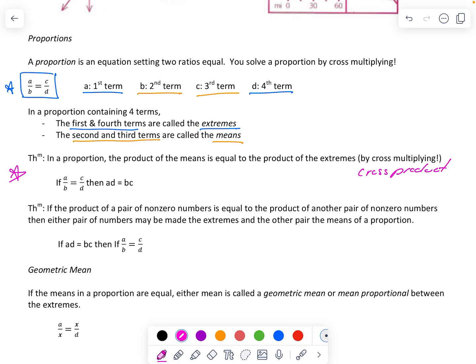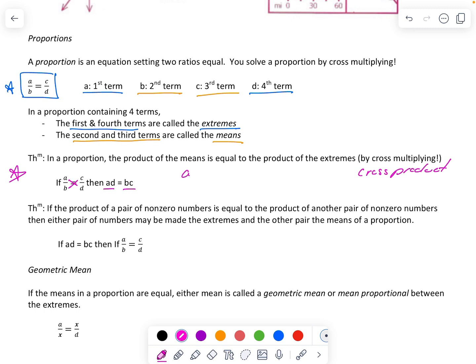So again, you should have learned this before, but we're reviewing it. A times D equals B times C. And so in any proportion, that cross product is always true. They're always equal to each other.